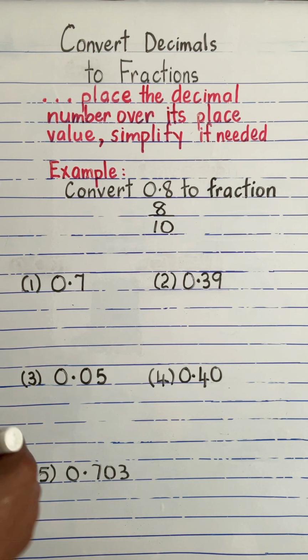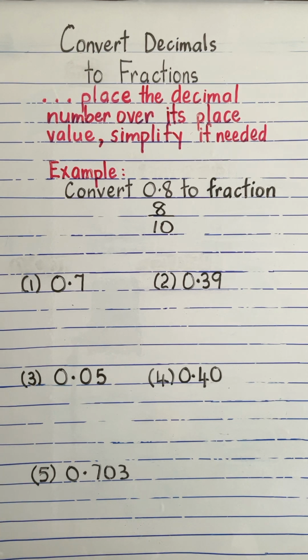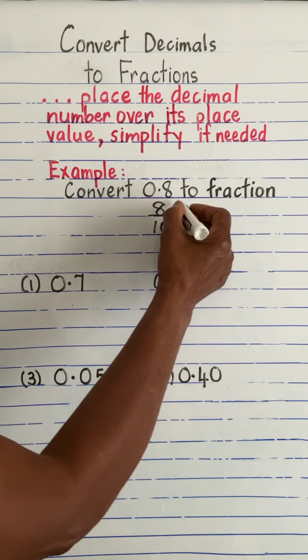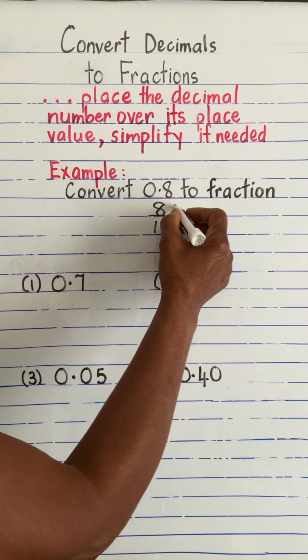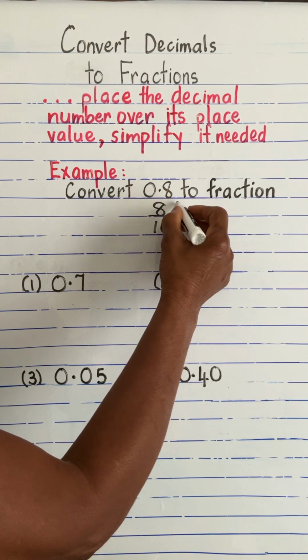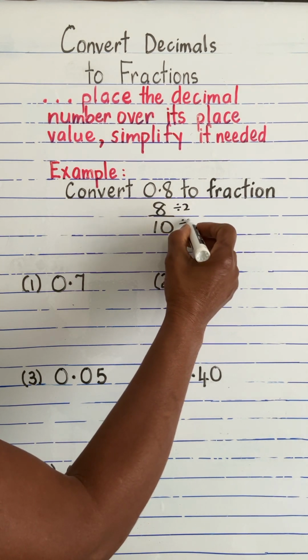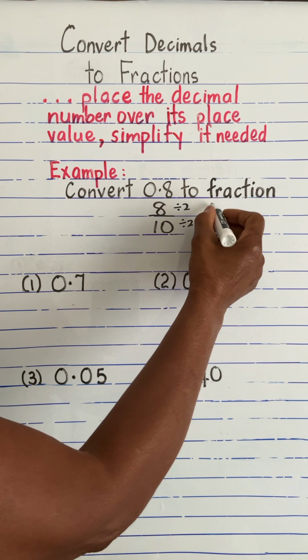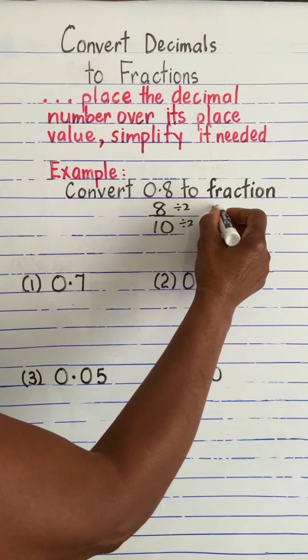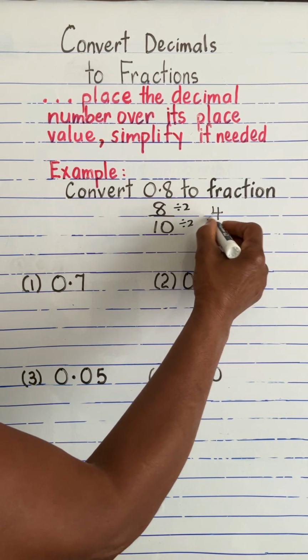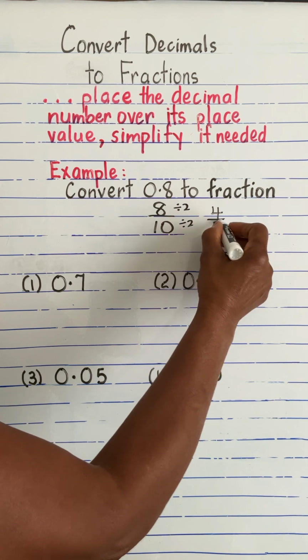So we're going to use the highest common factor to divide both the numerator and the denominator. The highest common factor of 8 and 10 is 2, so we're going to divide by 2.